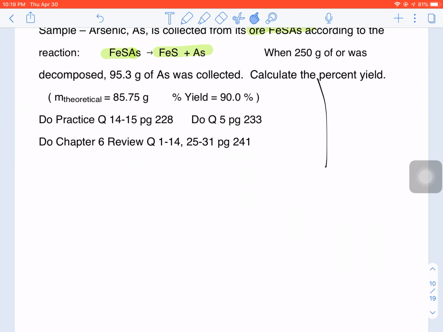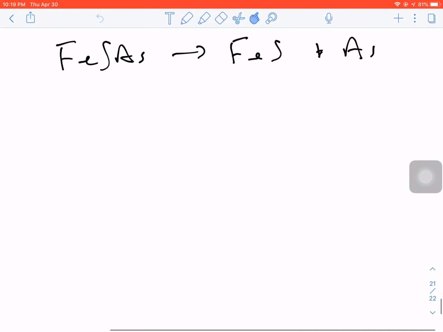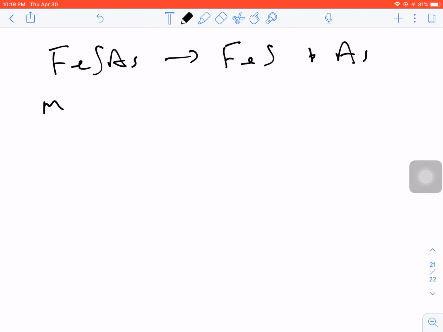So it says we're going to start with 250 grams of rock and we got 95.3 grams of product. Right, now I'm not going to put my mass in here as whatever number of grams it was, because that's not how much I'm supposed to get.